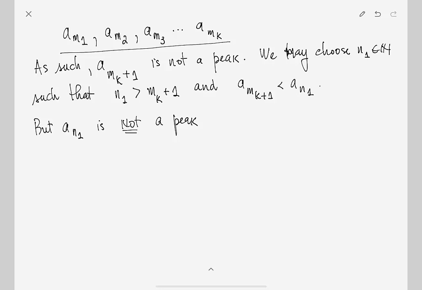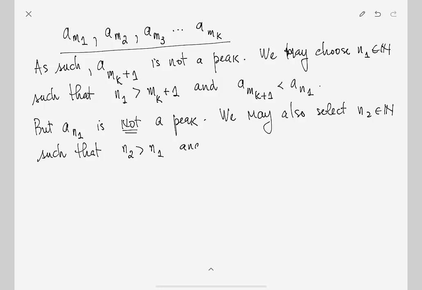So we may also select some natural number n2 such that n2 is greater than n1 and a sub n1 is strictly less than a sub n2.